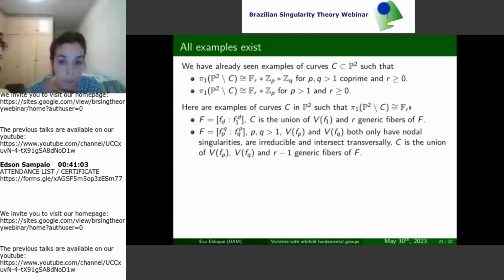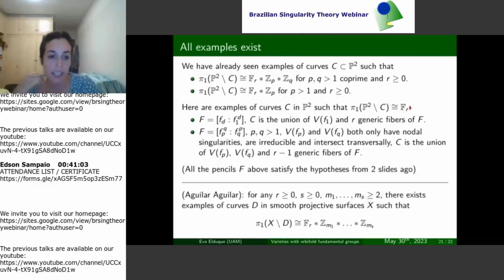But when we put this paper up on the arXiv the first time, Rodolfo Aguilar contacted us and he pointed us to a result in his thesis where he constructs a surface with a curve such that the complement had a fundamental group of the free part and then several copies of C2s.